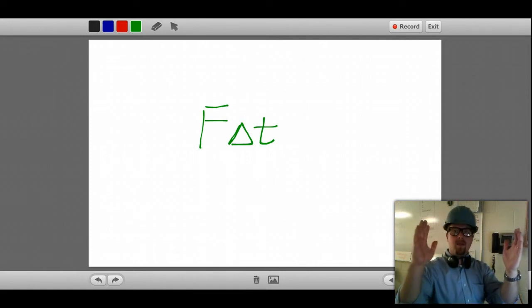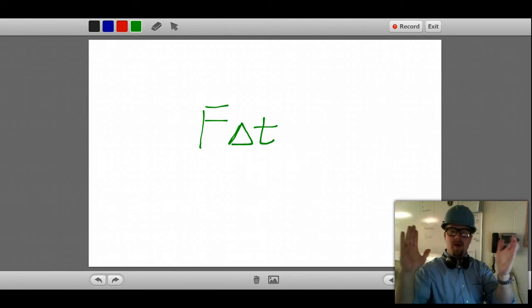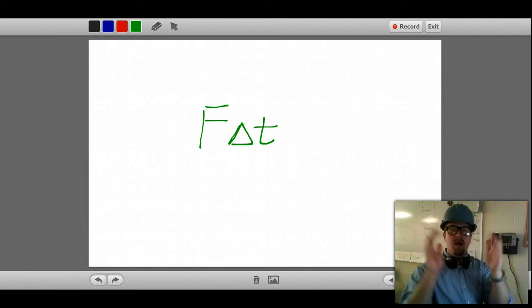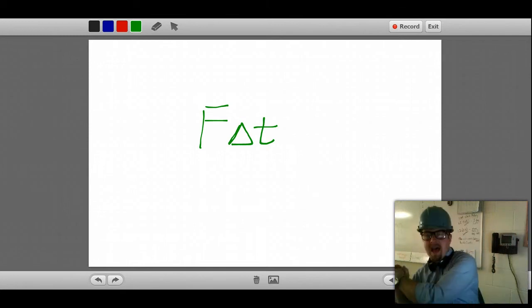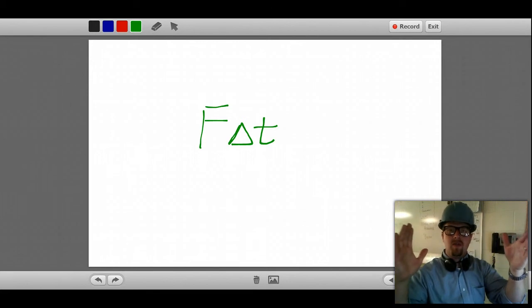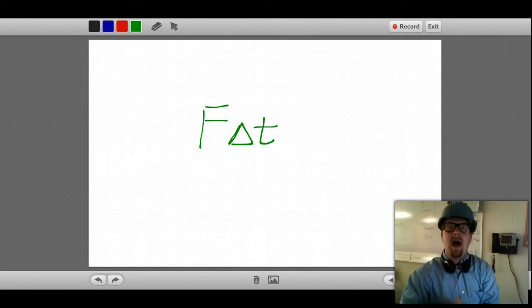Now, if the momentum of this hand was greater than this one, then it would look like this, where it would dominate. Or if it was opposite, it would look like that. But the momentum is equal and opposite, meaning that they have different directions, and when they collide, they come to a stop.